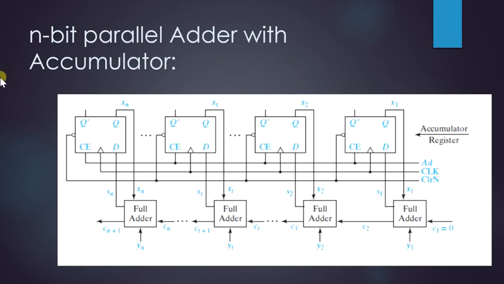Suppose we consider x to be the inputs ranging from xn minus 1 up till x1 to be stored in the accumulator, and the number y equal to yn minus 1 up till y1, which is applied to the full adder inputs.